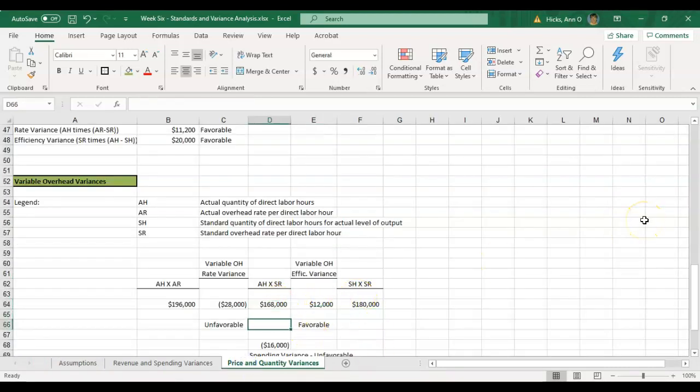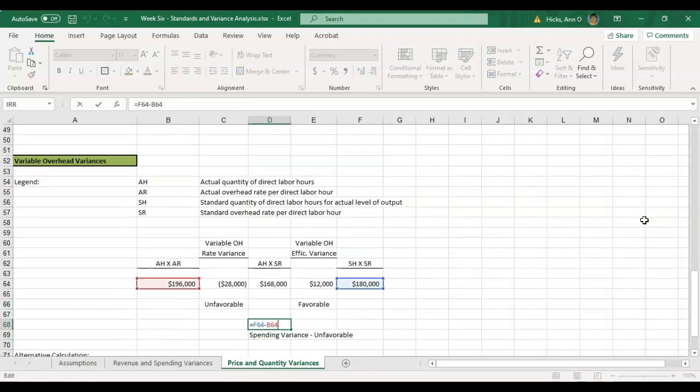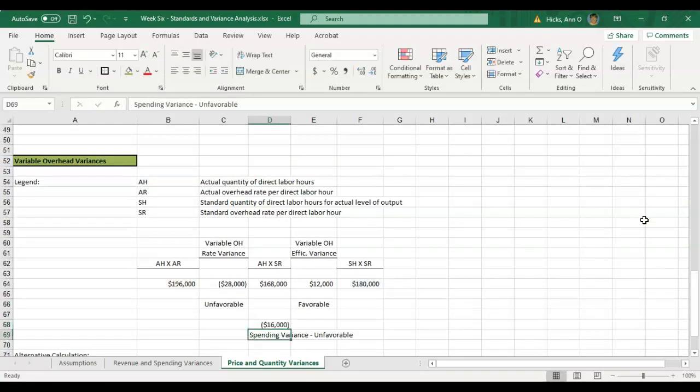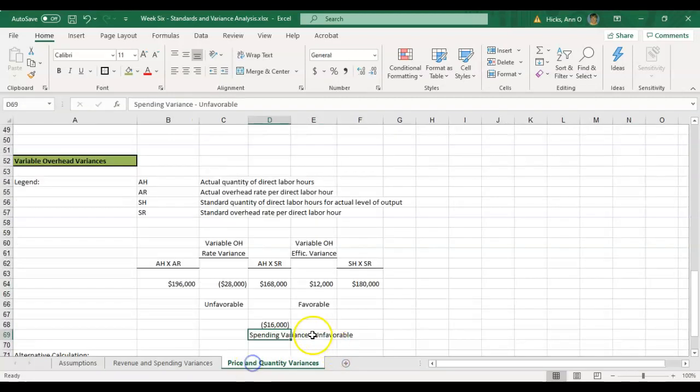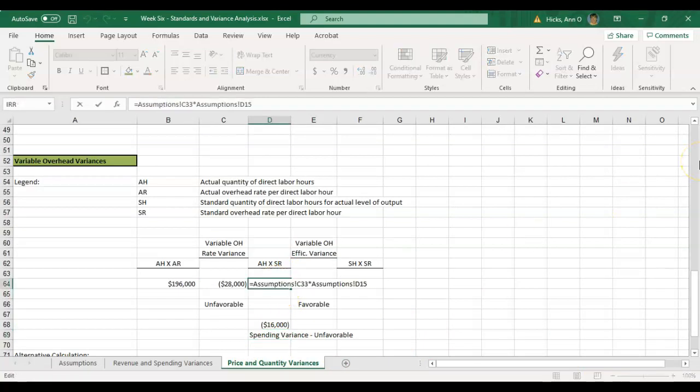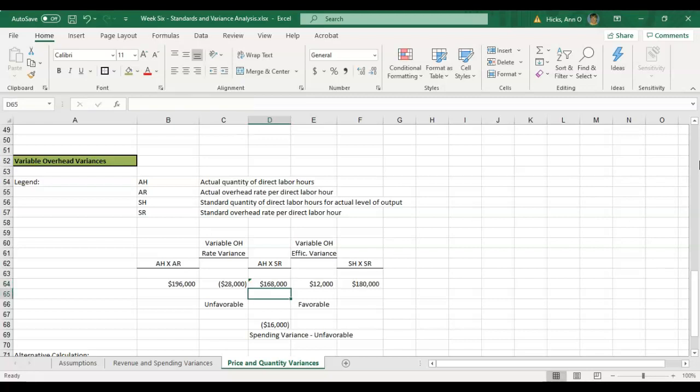Then I did come down again and come up with our flexible spending variance that we see from last week, and that is unfavorable. Now, I again came up with the center column, which is the actual hours of 28,000 times the standard rate of $6.